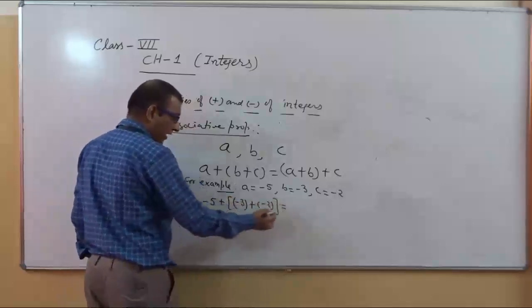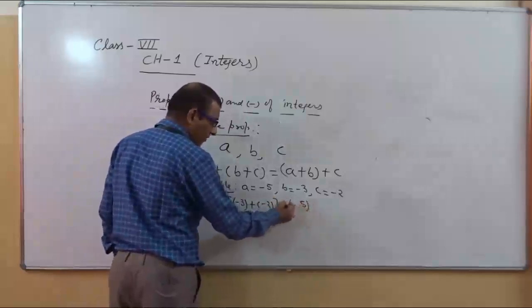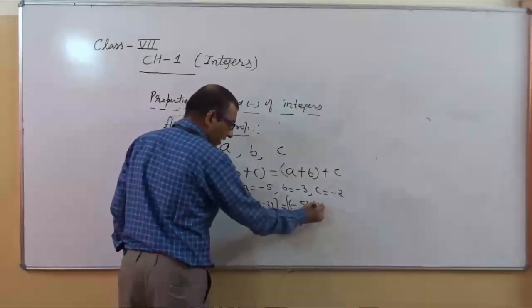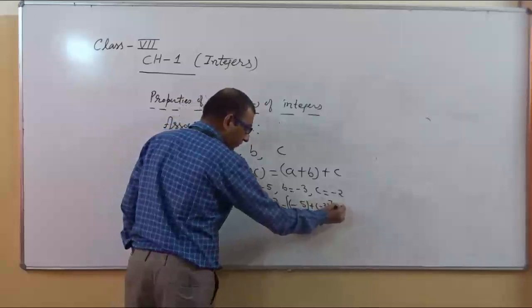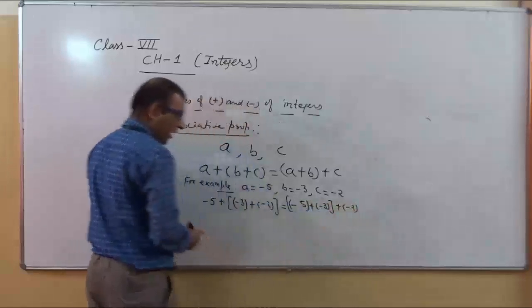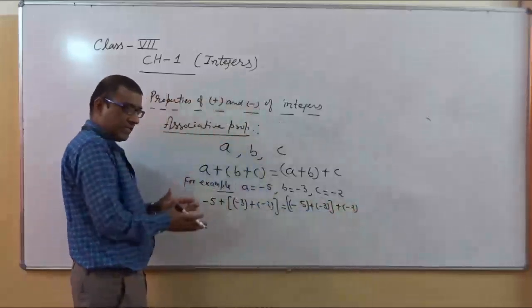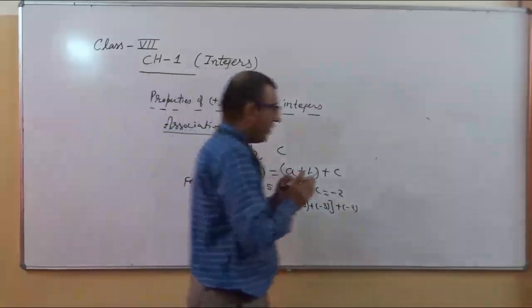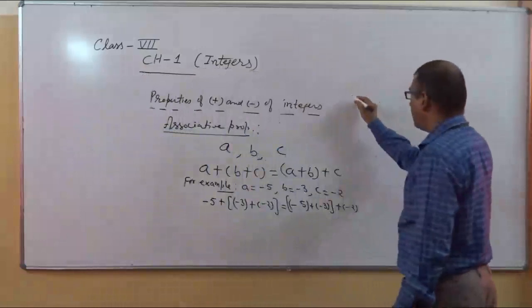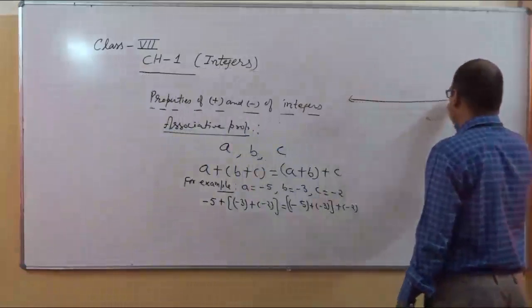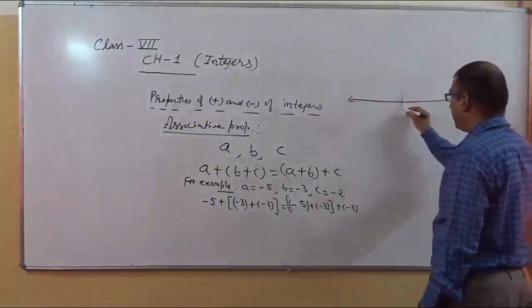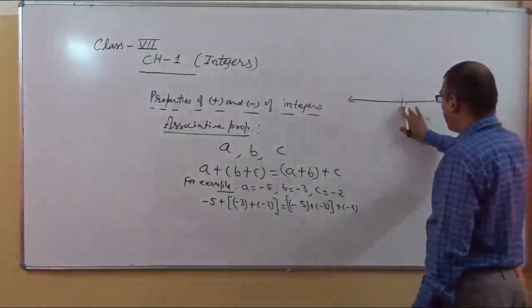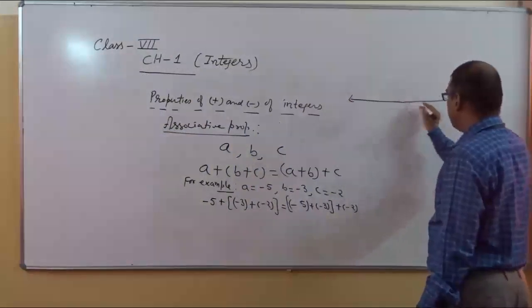It can also be written as -5 plus (-3 plus -2). If we solve both LHS and RHS, then both will be equal. And the same thing, if we want it on the number line, then how can we show it? As you know very well, this is our number line, this is 0.